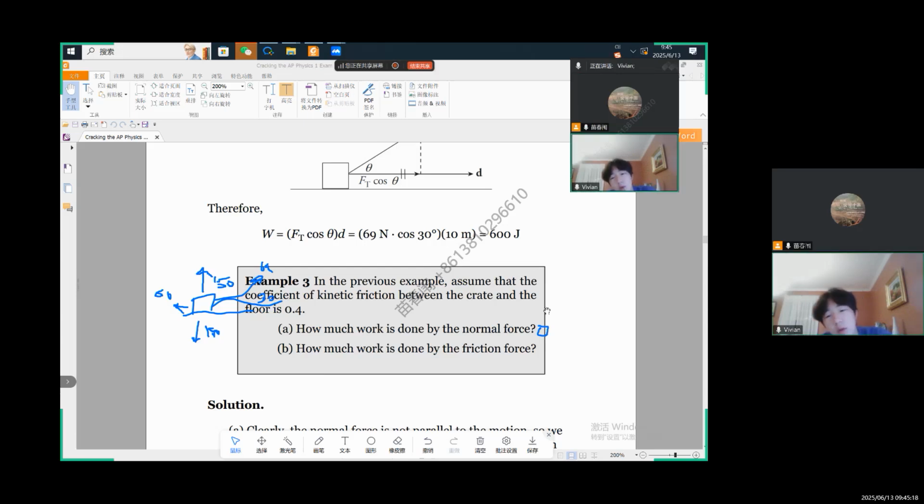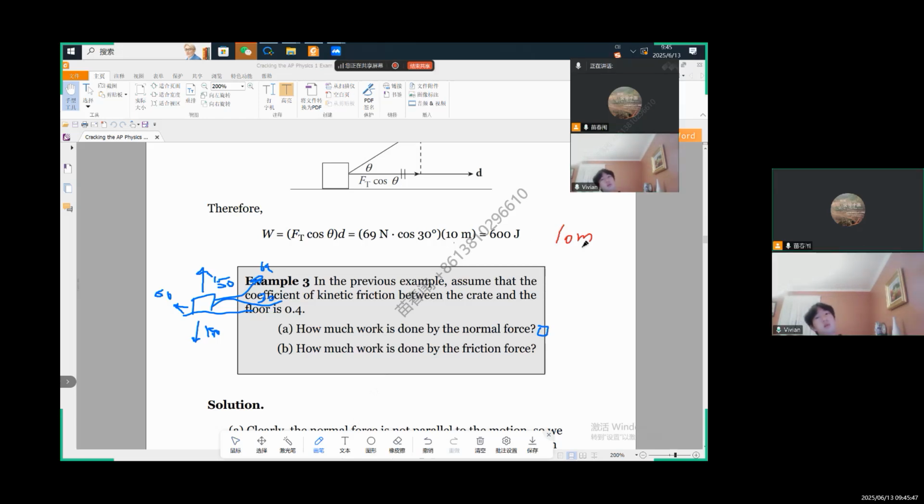It's not really doing work because it's not going in the direction. It'd be like negative. You're still using 10 meters. 60 newtons over 10 meters. The friction force subtracts.